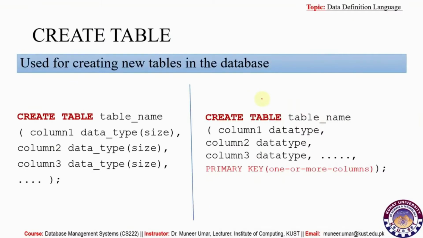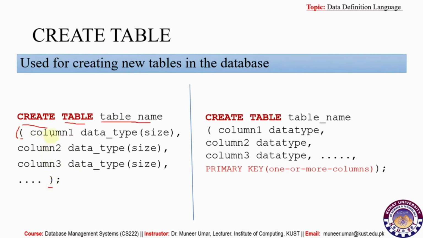For creating tables in a database, we must type create then table. These two are keywords. After that the name of the table, the new table which will be created, and inside the table the list of columns will be inside two parentheses.